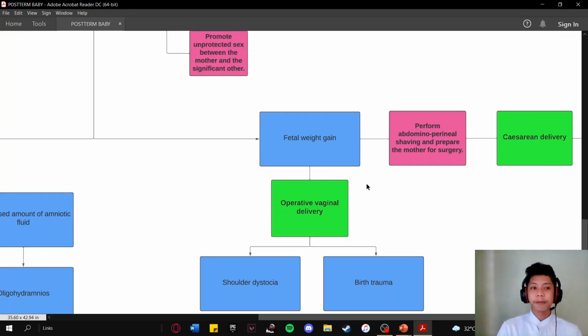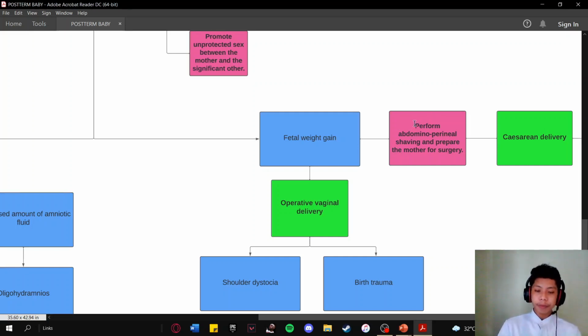Even if the baby is heavier than expected, or heavier than the normal range of weight, what we can do as nurses, if the obstetrician-gynecologist has the consent of the mother to proceed with cesarean delivery, is perform abdominoperineal shaving and prepare the mother for surgery.